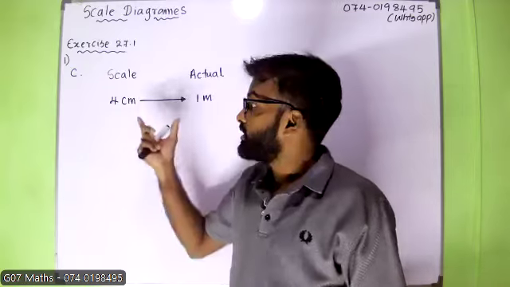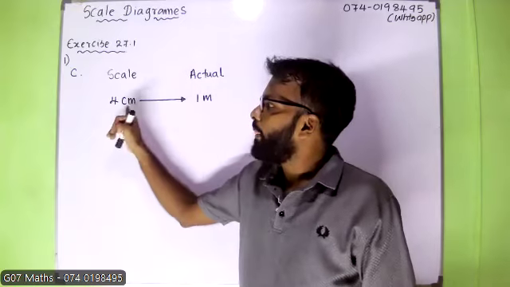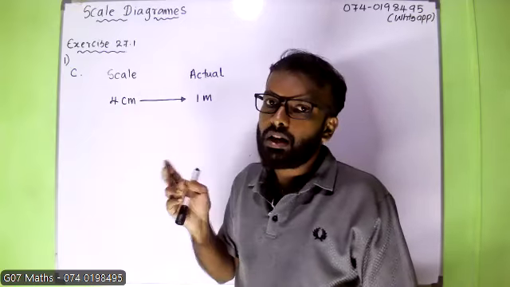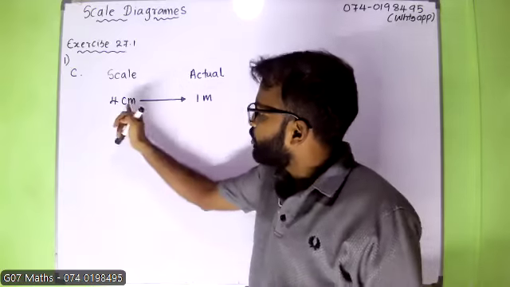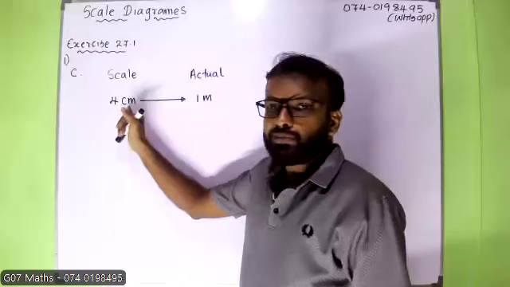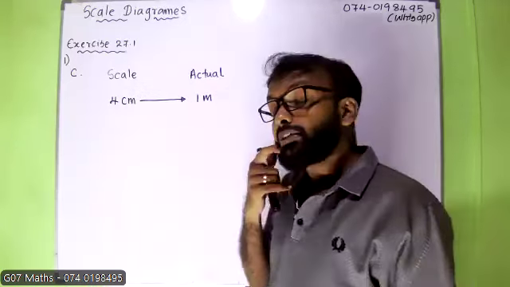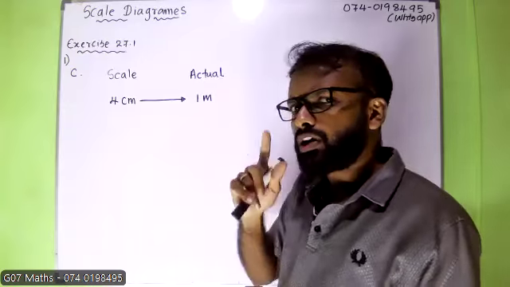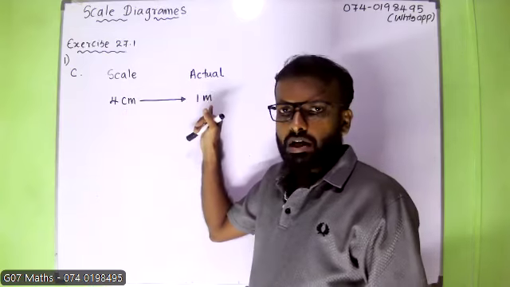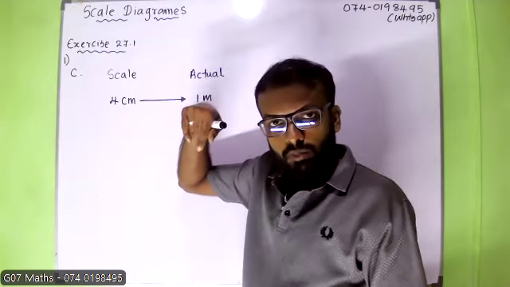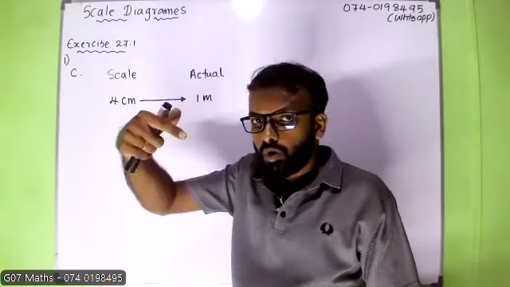If you want to represent this as a ratio, you cannot, because you have two different units. Now here, this is Malli and this is Aya. As I told you last week, Aya needs to convert to Malli.